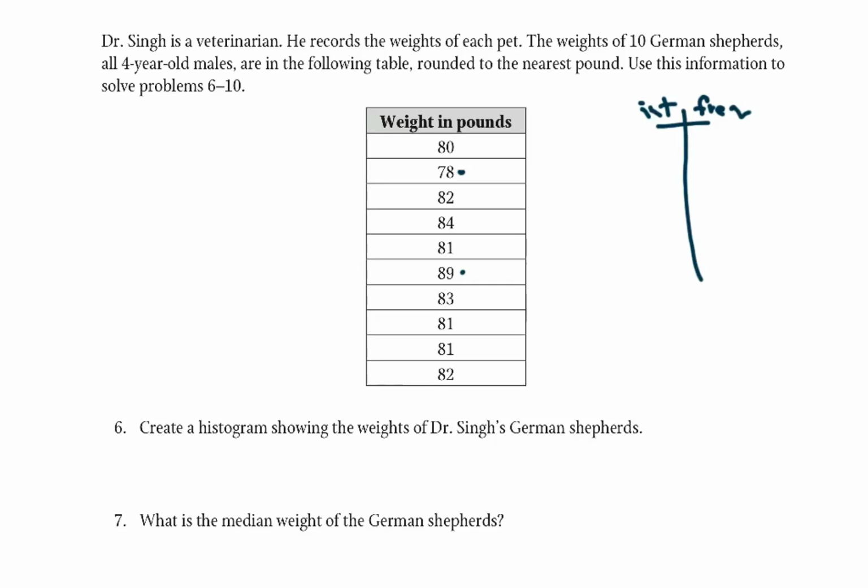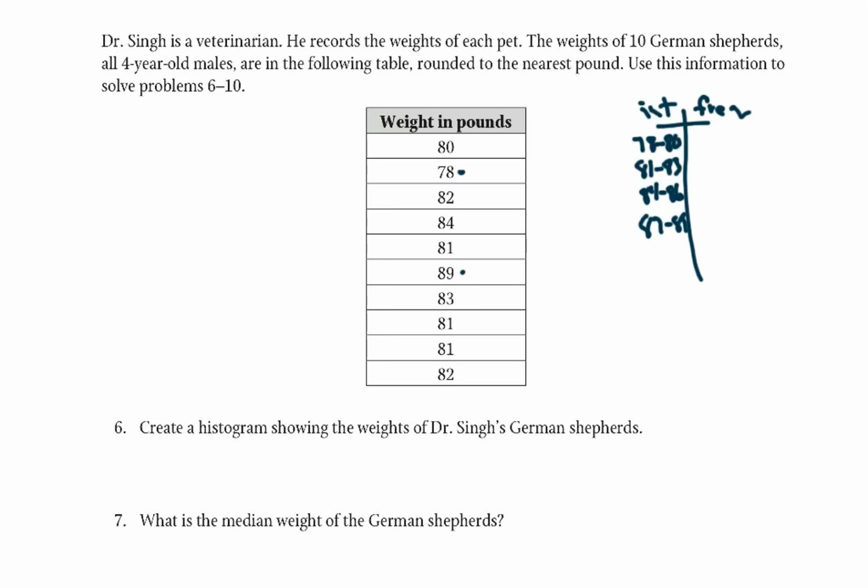So let's go from like 78 to 80, we'll say, then 81 to 83, then 84 to 86, and you could have slightly different intervals. When we do it on the calculator, they'll kind of pick the intervals for us, and 87 to 89. Okay, so it all depends on how big you want your intervals to be.